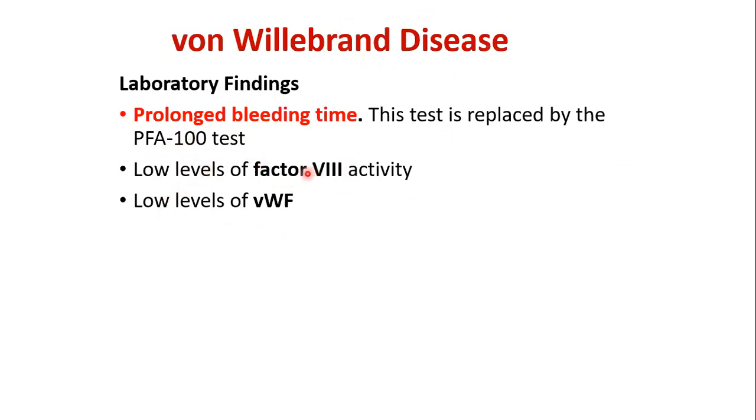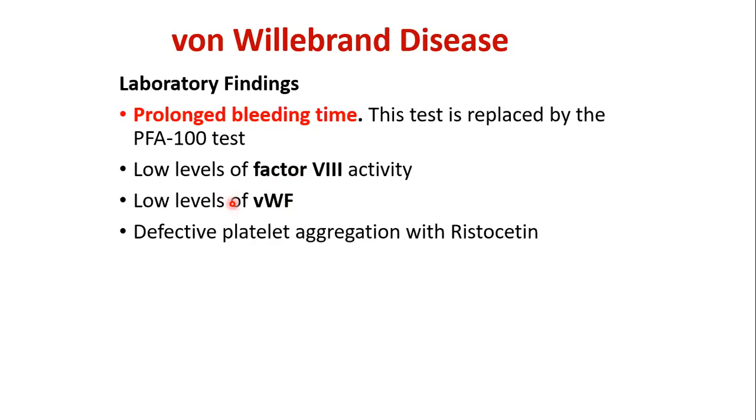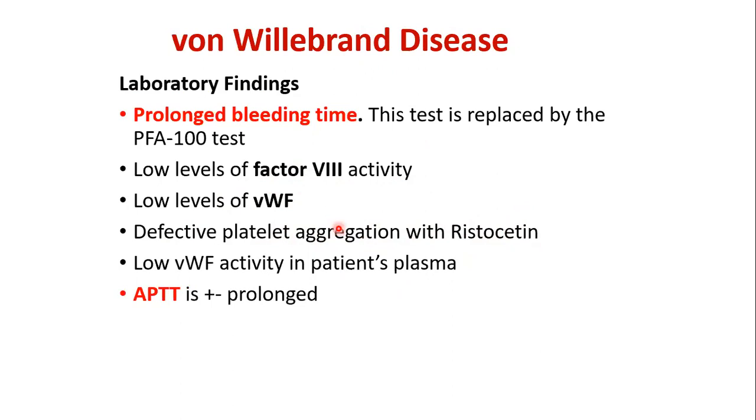Apart from that, you see low levels of factor 8 and von Willebrand factor, and defective platelet aggregation with ristocetin because of the absence of von Willebrand factor, which is important for platelet aggregation. You also see low von Willebrand activity in patient plasma. APTT is normal or prolonged.